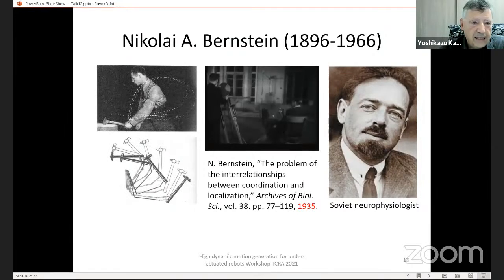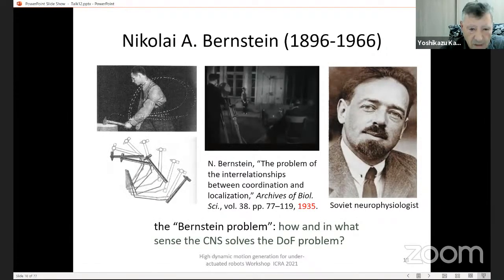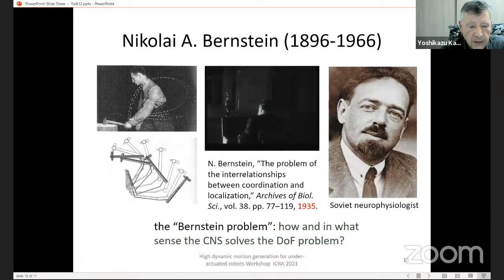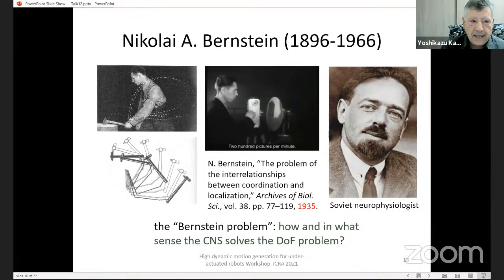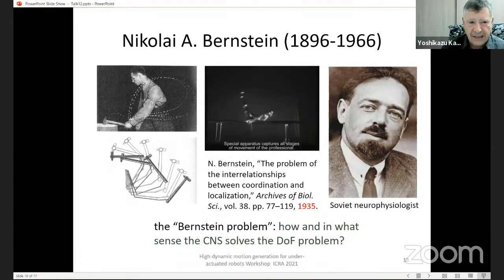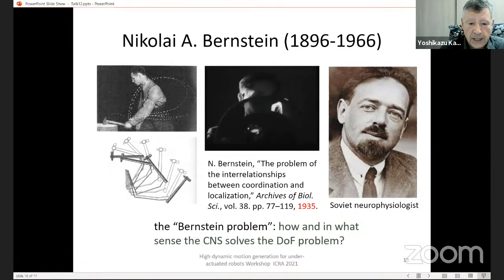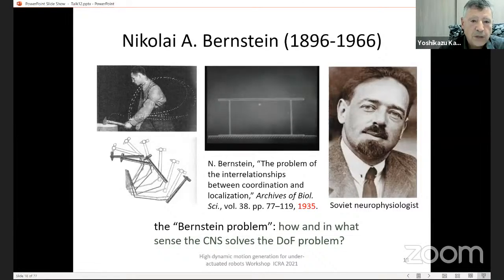He found that there is a problem: the laborer was trained very well, such that the hammer always hits the same place and always uses the same trajectory. But on the other hand, the motion of the arm segments was different from cycle to cycle.